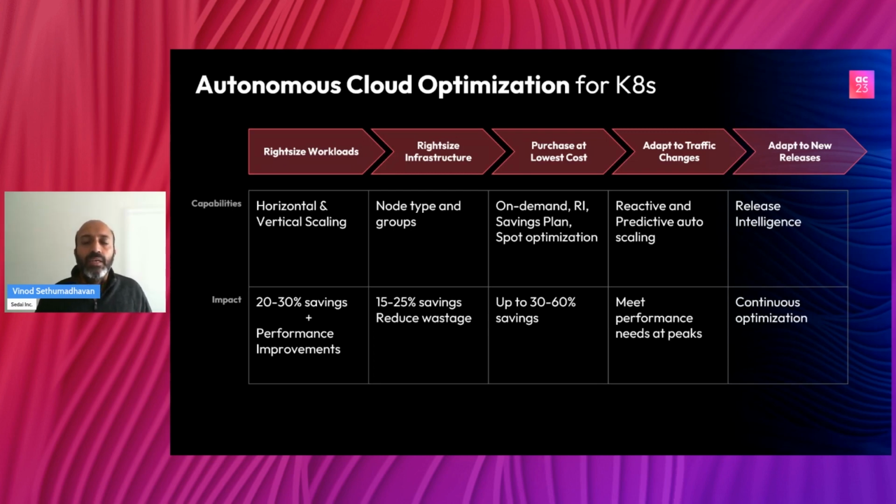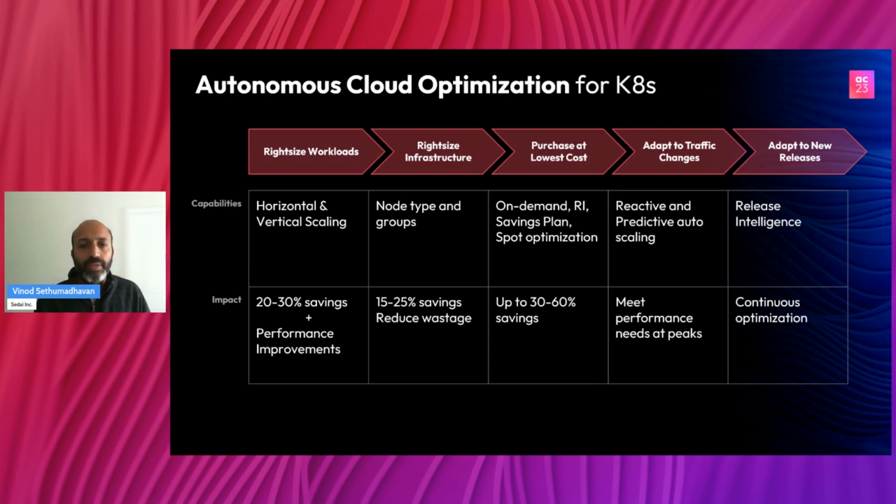Right? And the next thing you can optimize on a cloud is the purchasing cost. This actually gives you the most impact, but it is not easy, or it doesn't happen in day one. It takes a while for Sedai to learn your usage and then suggest what kind of purchasing options you can go for, like reserved instances or savings plans or spot.